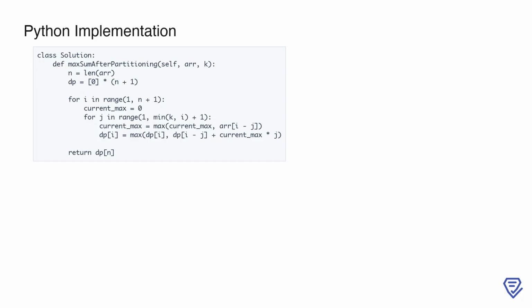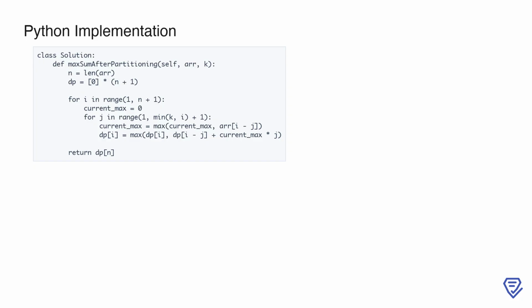3. Inner loop. The inner loop considers all possible subarray lengths j from 1 to min(k, I), to ensure that partitions do not exceed the constraints. For each subarray length, the maximum element within the current partition is calculated and maintained in the variable current_max. 4. Calculating maximum sum.